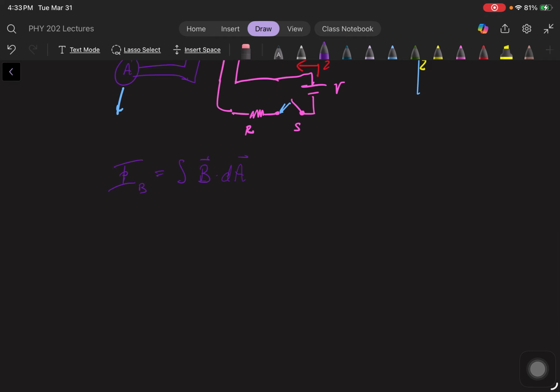If we have a uniform B through a perpendicular surface, meaning parallel vectors, through a parallel area vector, that would look something like this: if you have an area and our magnetic field is going into the board.